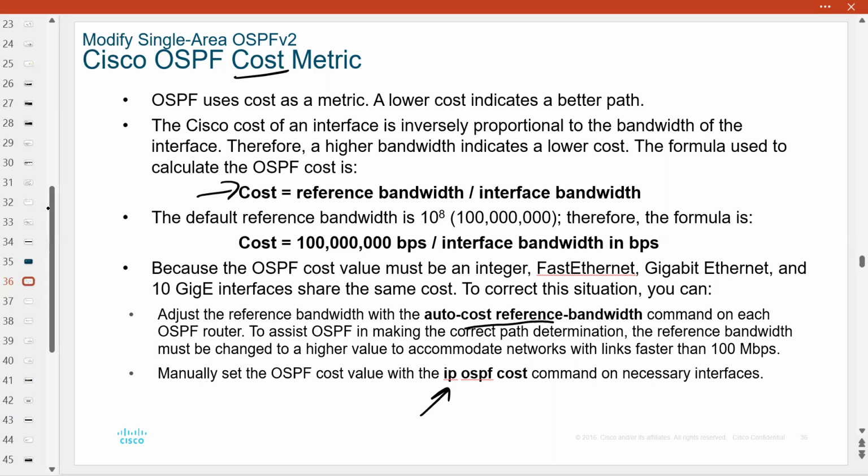By default, the cost for a Fast Ethernet, I think, is 1. But we want to manipulate so that it does not become 1. How do we manipulate that? We change the reference bandwidth.